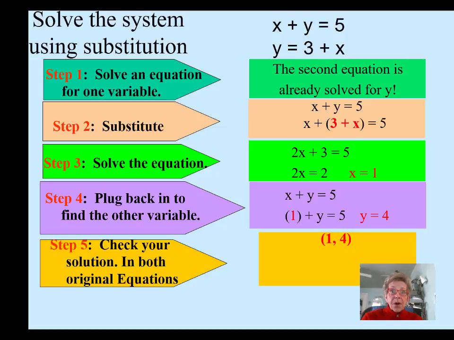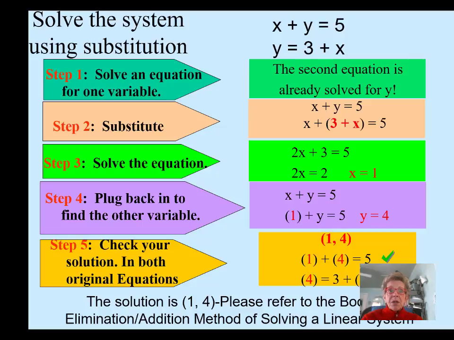The (1, 4) is my intersecting point, and I'm going to plug that in both. In x plus y equals 5, that gives me 1 plus 4 equals 5, and that's true. Then I'll plug it in the other equation, 4 equals 3 plus 1. That does check, and that makes this a consistent system with one point of intersection.